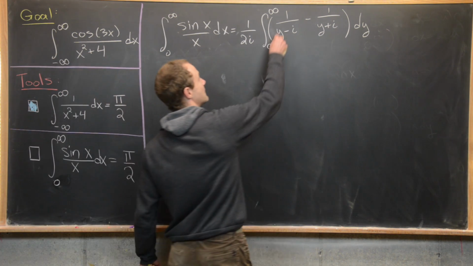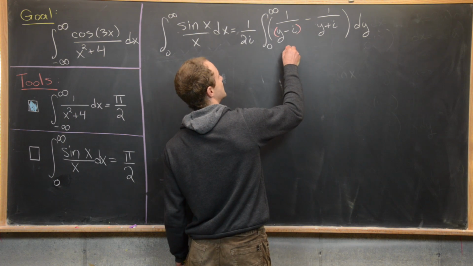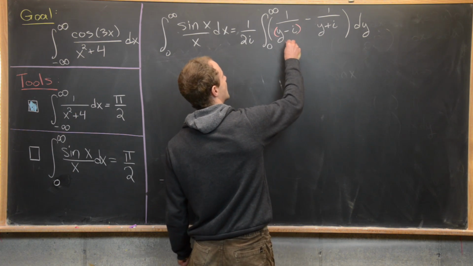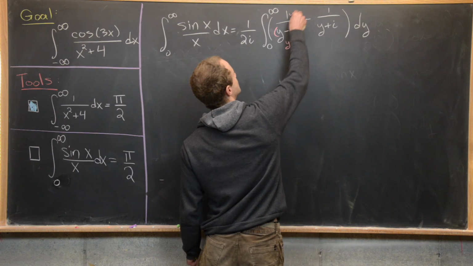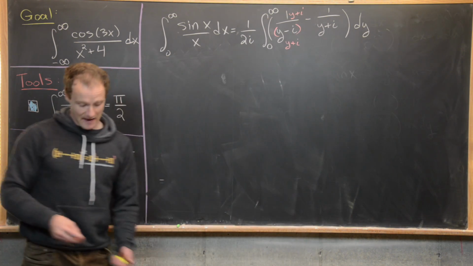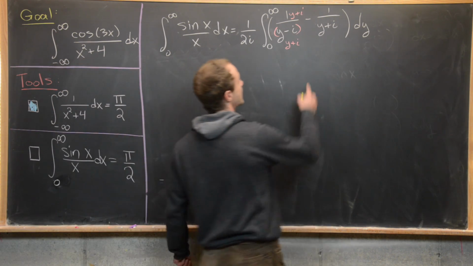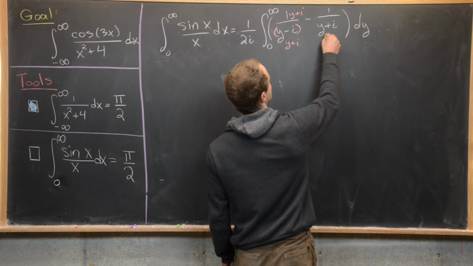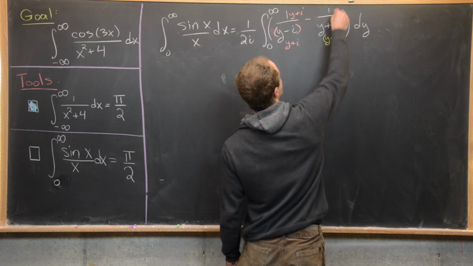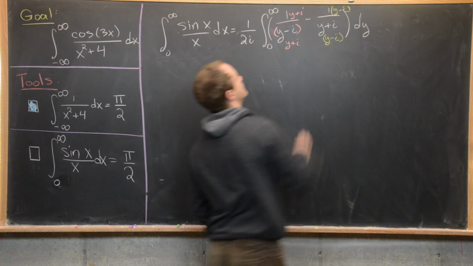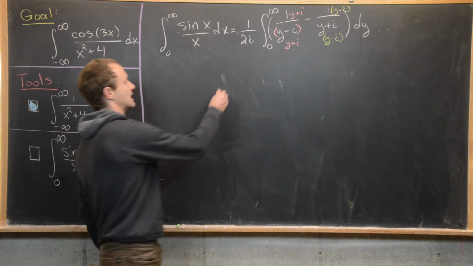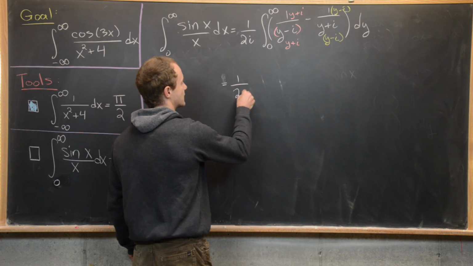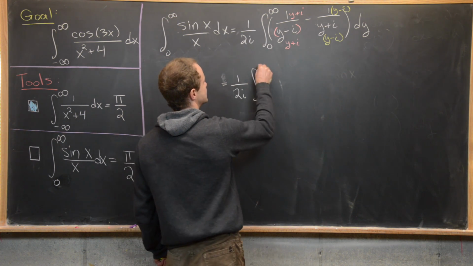We can build up the denominator of this one by multiplying the numerator and the denominator by y plus i, just like that. Then we'll do the same thing over here, building up the numerator and the denominator by multiplying by y minus i. Let's see what that gives us. We've got 1 over 2i, the integral from 0 to infinity.